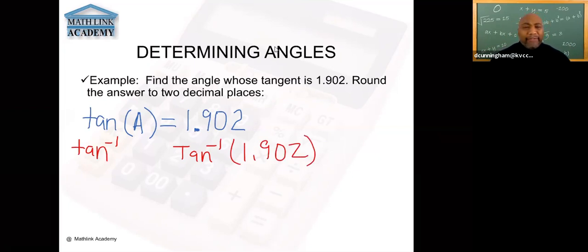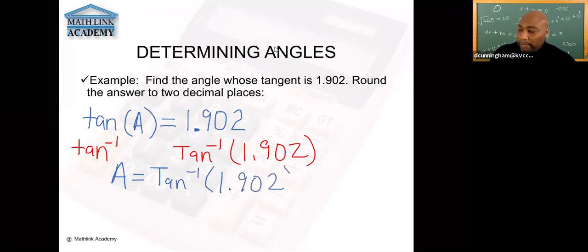What the tan inverse does with the tan is it gets A by itself. So once I do the tan inverse, and you don't have to do this on the calculator, just watch me, A will equal the tan inverse of 1.902.